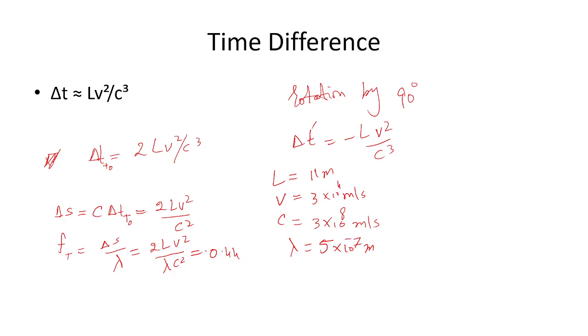You see, velocity square cancels its dimension, length square cancels its dimension. So this is purely a number, 0.44 fringes difference. So this is the expected fringes difference.